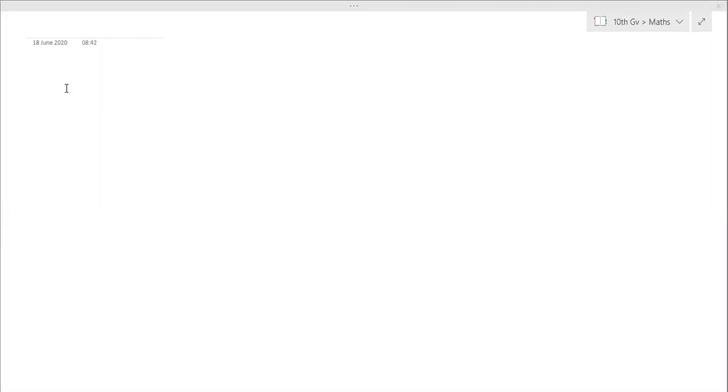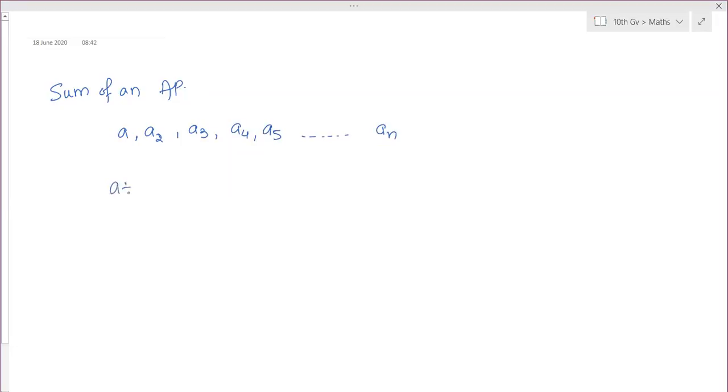Here it is, sum of an AP. The first term is given as a, a1, a2, a3, a4, a5, and so on. an is the last term. Then we can find out the sum of all terms, that means a plus a2 plus a3 plus a4 plus a5 and so on till the nth term.